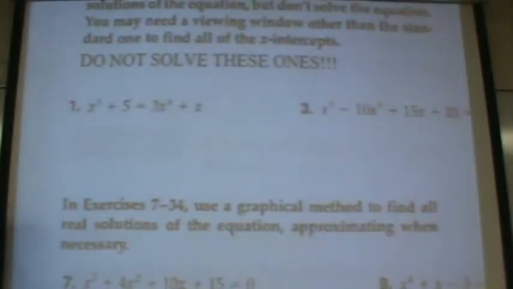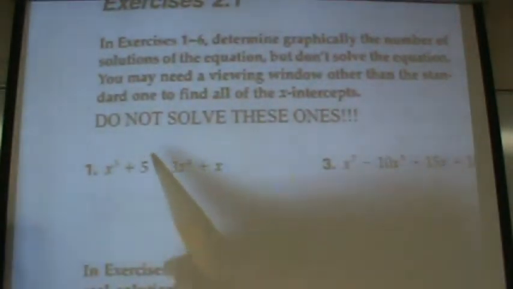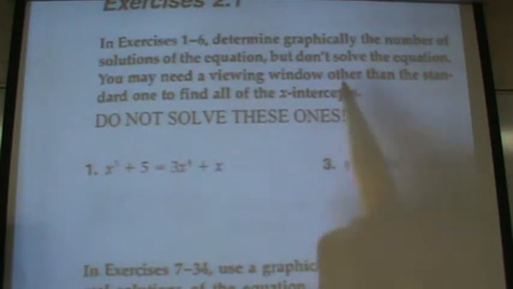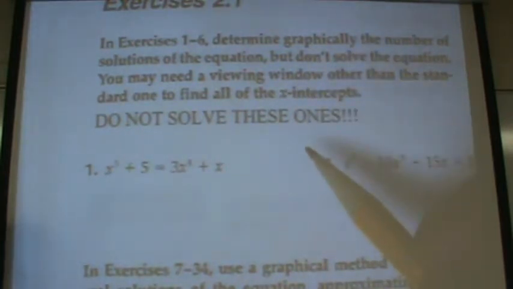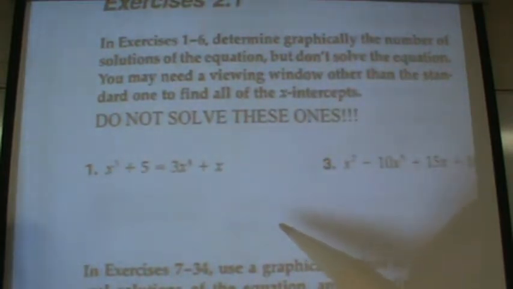Okay? Now, the back side is your homework. In 1 through 5, it says do not solve these ones. I just want to know how many solutions there are.